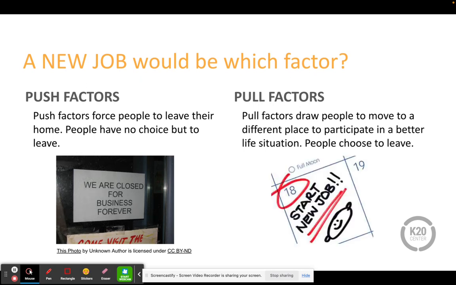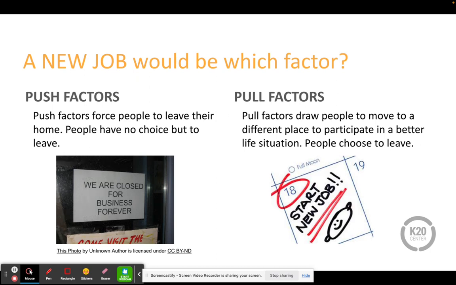So, a new job could be either of these factors. If a person is forced to leave because there is no work or their job went out of business, they'll be forced to leave to go and find work.